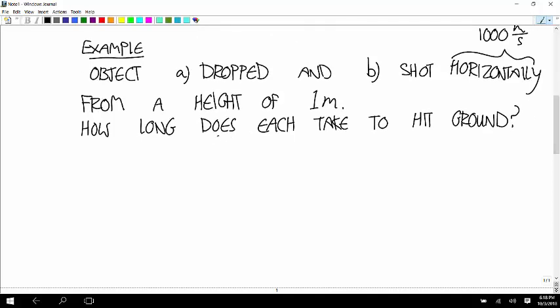Okay, so first we're going to do it for the case where it's just dropped to the ground from 1 meter. We can just do that as a one-dimensional kinematics problem because we know that the path is just straight vertical.